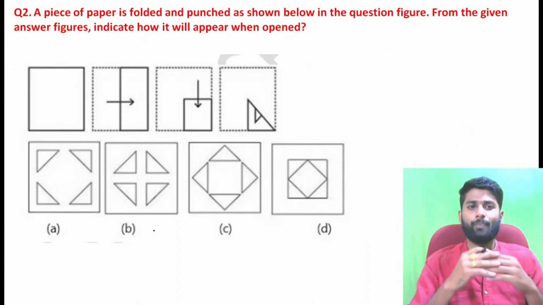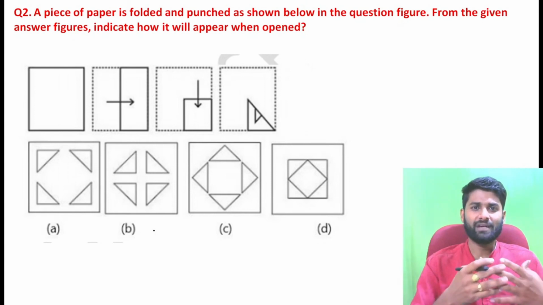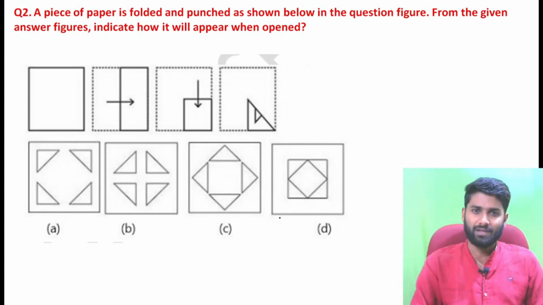See, a piece of paper is folded and punched, as shown in the question figure. From the given answer figures, indicate how it will appear when it is opened. First of all, this is the final closed figure, guys. If it is opened, definitely we can get the same shape here, guys. We can complete this figure like that.